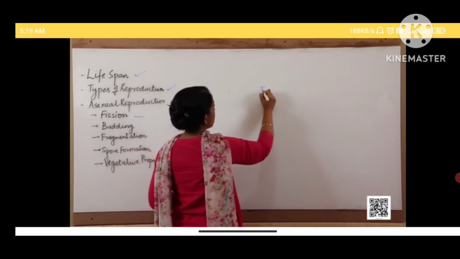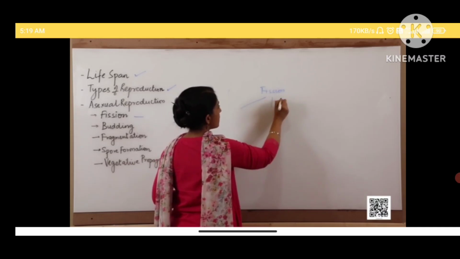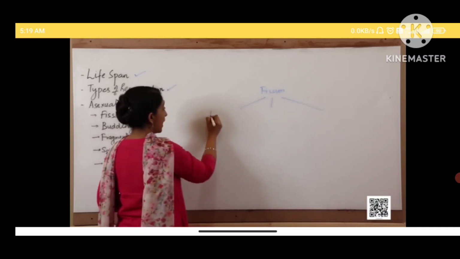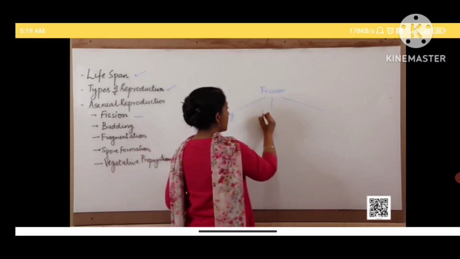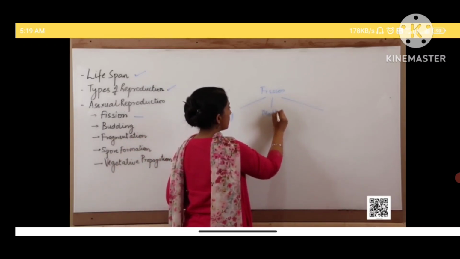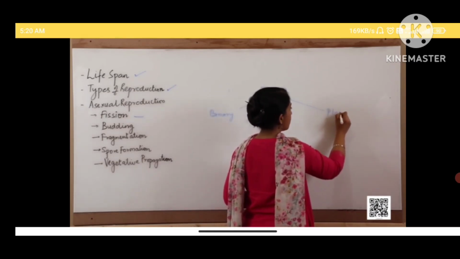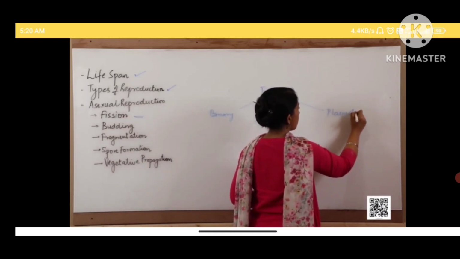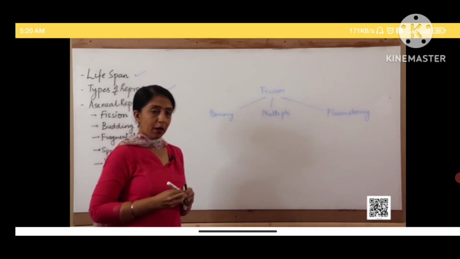Fission can be basically divided into three types: binary fission, multiple fission, and plasmotomy. Let us take these types one by one.